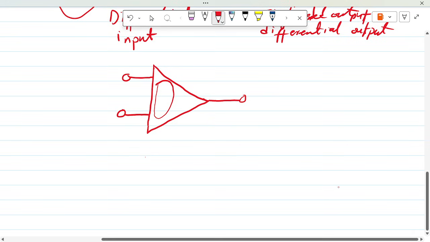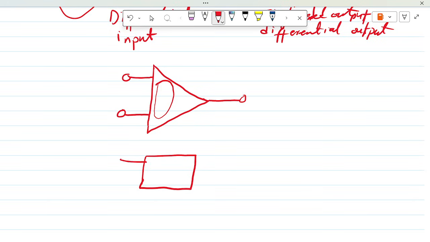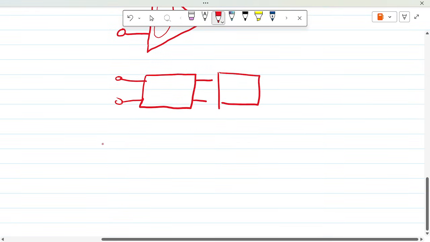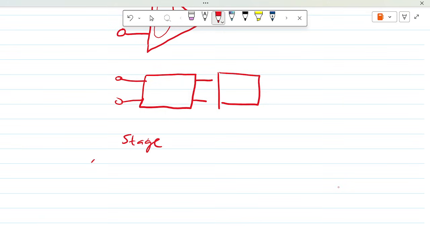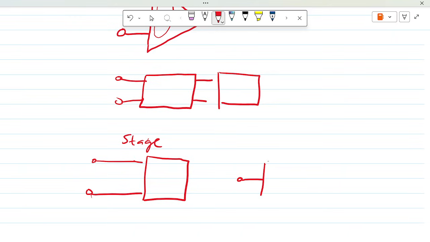Sometimes a differential pair could feed into a differential input. So I take a differential input and feed it into another differential input. But sometimes the first stage of the circuit could take a differential input but the following stage could allow only a single-ended input.